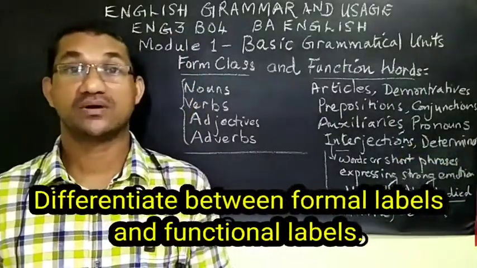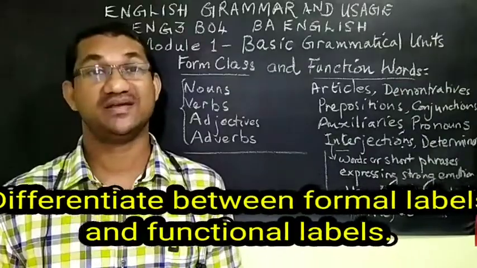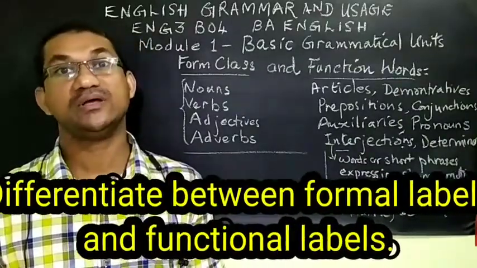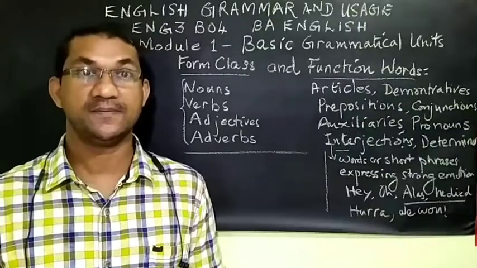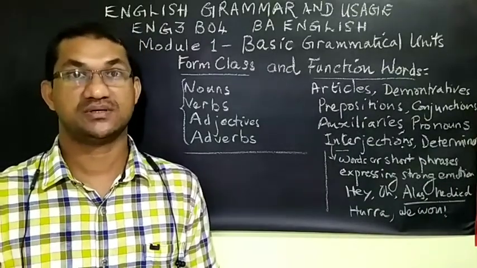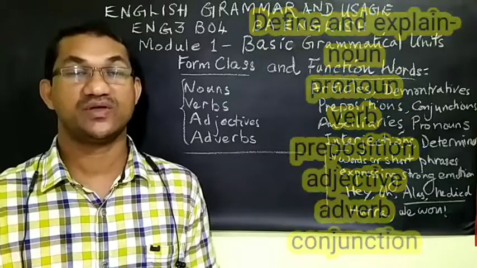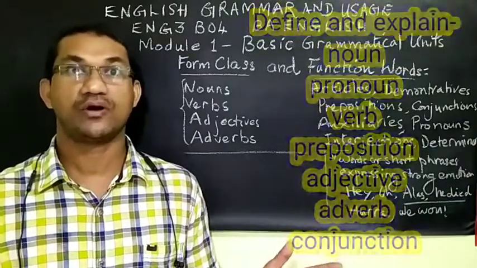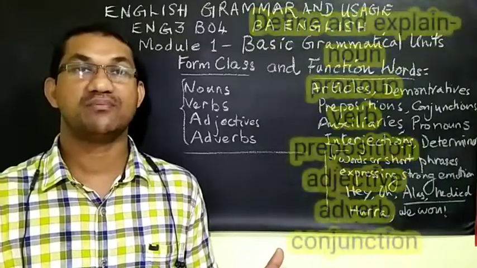Next question is to write original sentences and short text for each of the following concepts. We are given 7 concepts, and for these we have to give a definition and an example. Noun, we know what a noun is. We have to give an example for a noun.